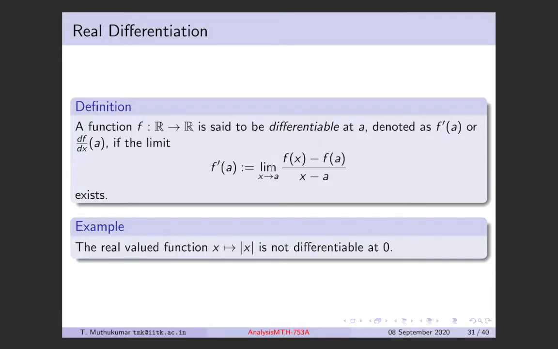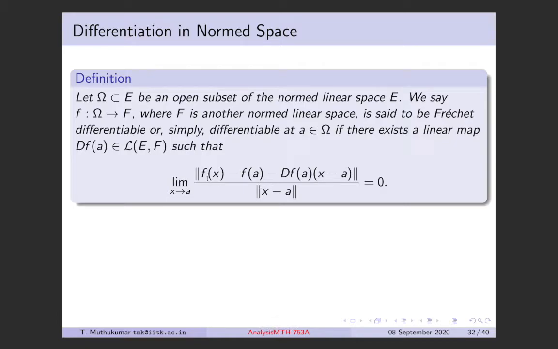Taking that variant of this definition is how you get this definition: f(x) minus f(a) minus a linear map acting on x minus a, over x minus a. Because now we are not in real numbers, there is no notion of division, so what you divide by is the norm, and basically the distance goes to 0. This is what is called the Frechet derivative of the given function little f.